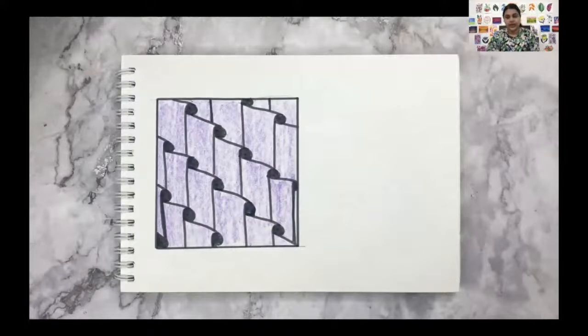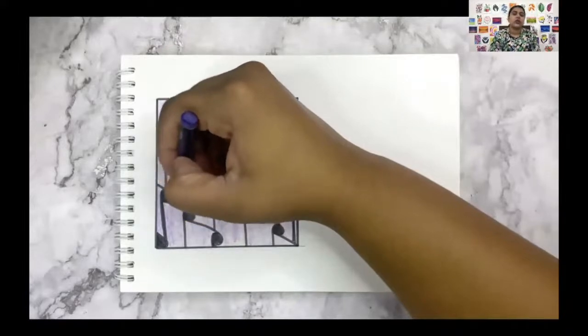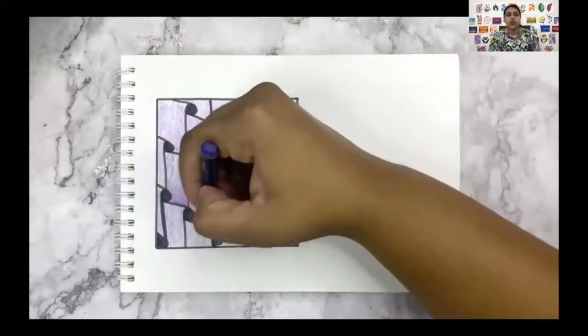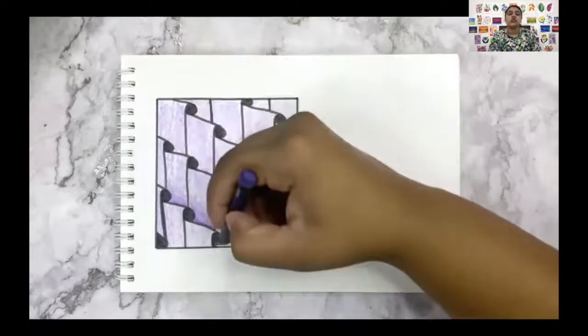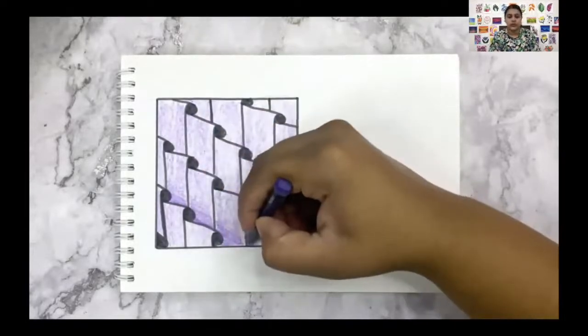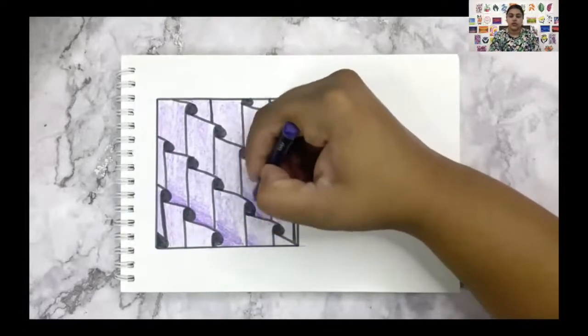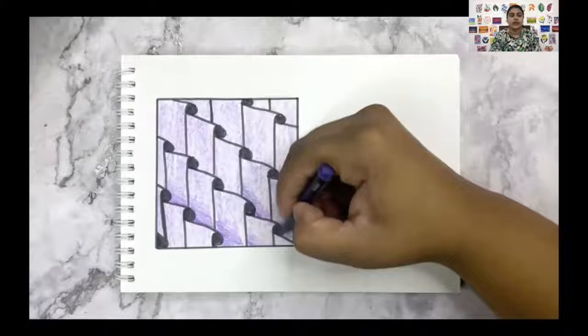And now we can get started with the shading. For the shading, I want to give the effect that they're all going inside each other. So at the bottom over there, I'm going to do a little bit of a dark, medium, light in order to give it that look. As you can see, where the bottom is, I'm adding that dark, medium, light.